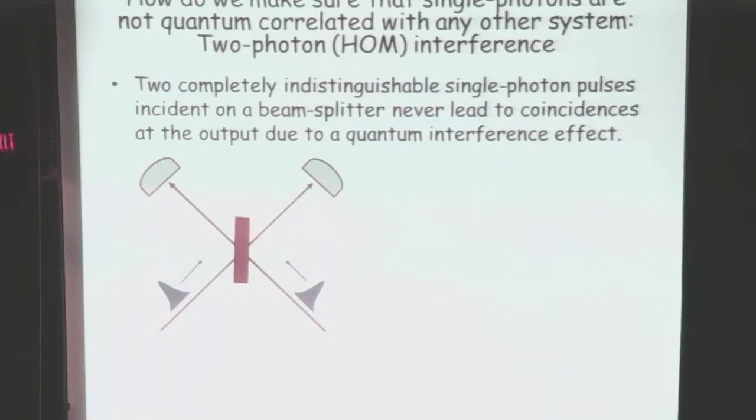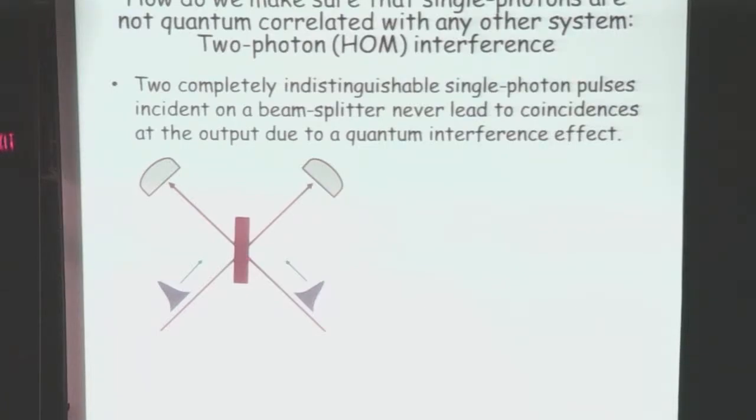If that is the case, you can use a beam splitter, and at the output of the beam splitter, if these two photons are truly indistinguishable, have the same spatiotemporal profile, polarization, et cetera, then for a detection event here, you will not be able to tell if the photon came from this port or the other port. Okay? And there's a wonderful interference effect called the Hong-Ou-Mandel interference, which tells you that if this is the case, and if you send two photons, then the result is that either both photons go to one detector or both of them go to the other detector.